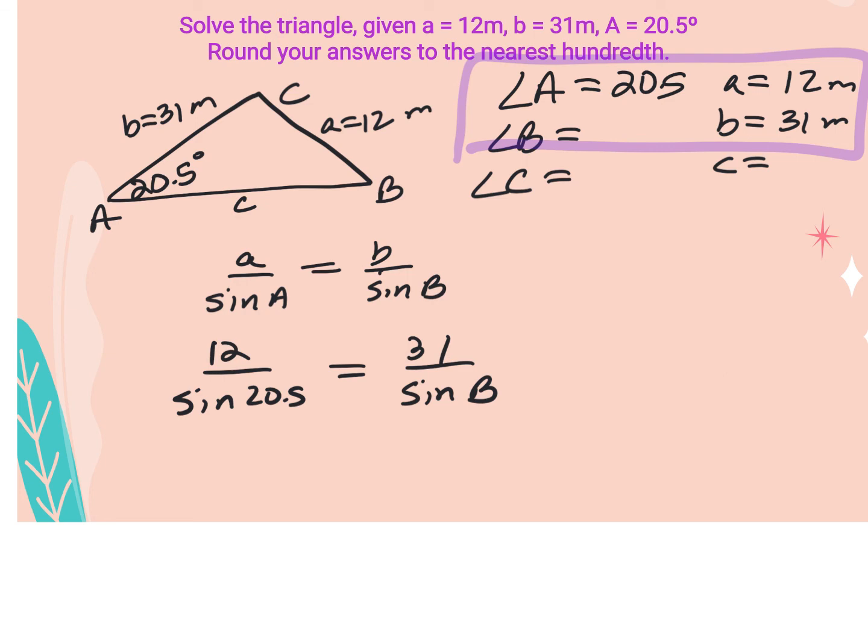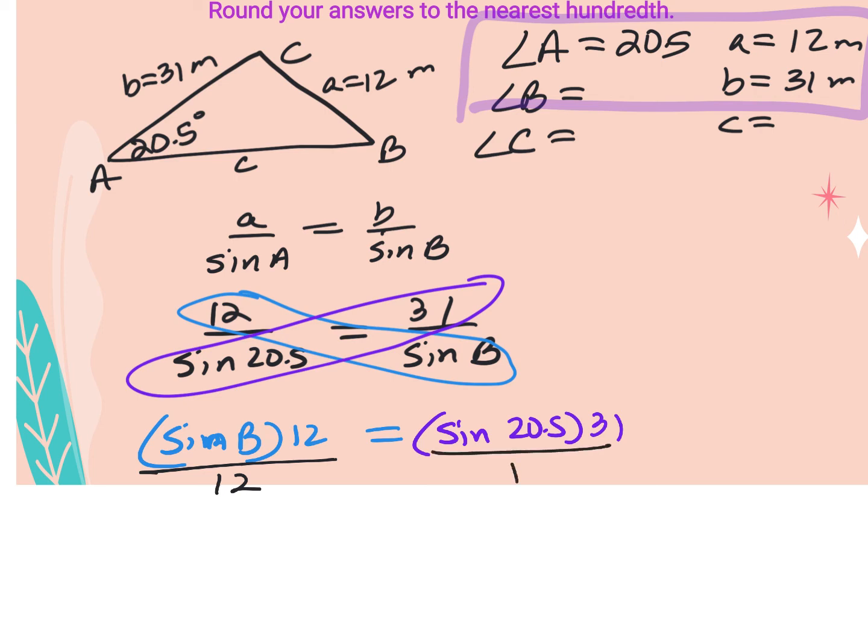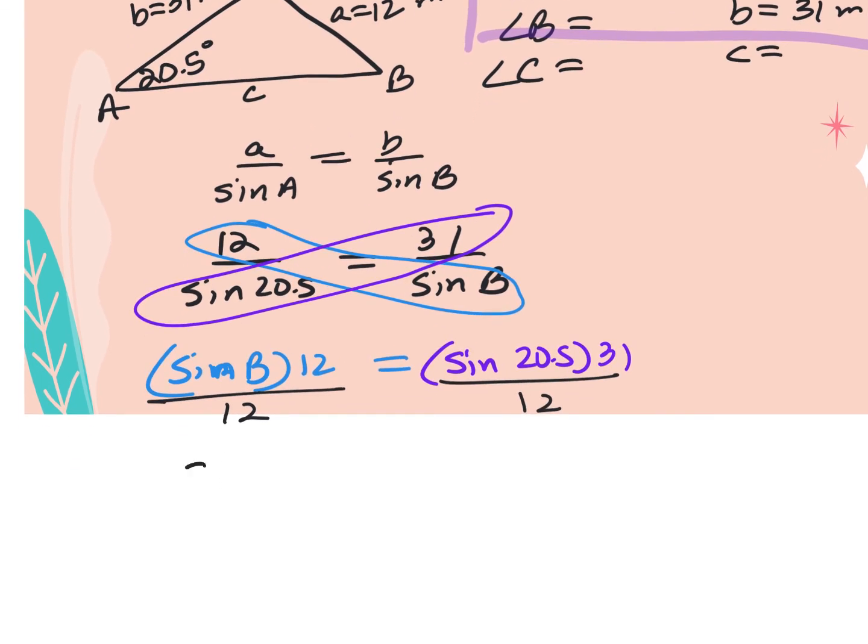So I'm going to multiply 12 times the sine of B and 31 times the sine of 20.5. So sine of B times 12 equals the sine of 20.5 times 31. Divide both sides by 12. Going to get a decimal.